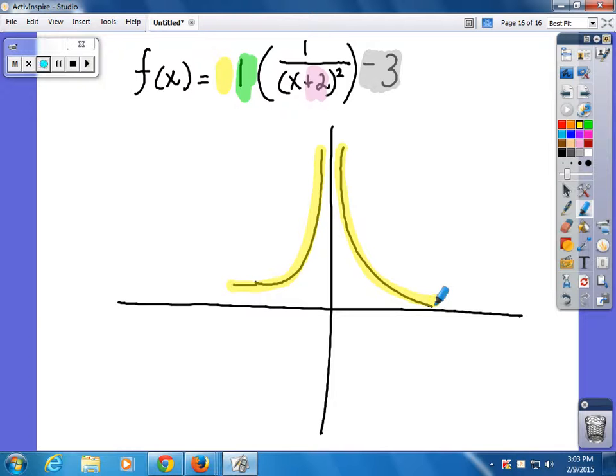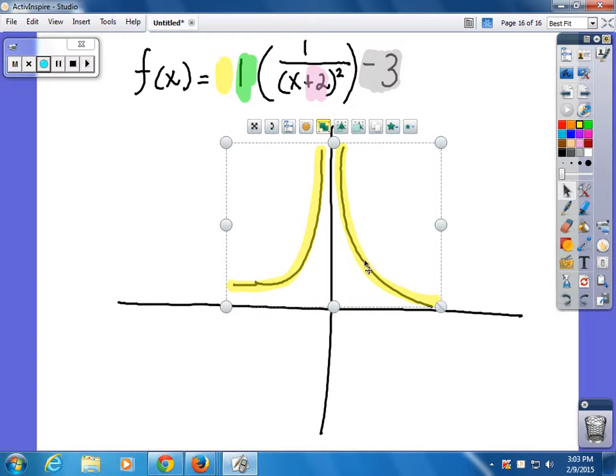Y-axis. It just stays the way it is. The positive 2 that's connected to the x, that tells us horizontal shift of what? 2 to the left. Now, you got to remember, all these parent graphs focus around what? The origin. So that's what you're going to move.